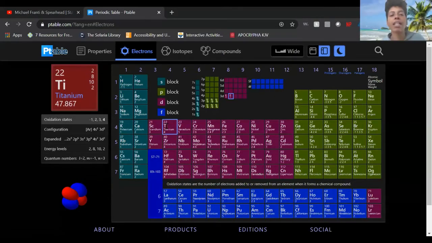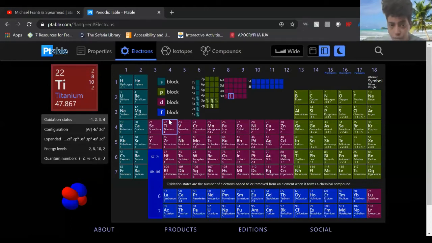But notice that if you look in the middle at the arrows, 4s, although the energy is slightly lower than the 3d electrons, is in the highest numbered energy level, which is 4. So the valence electrons are only going to be in the highest numbered energy level.